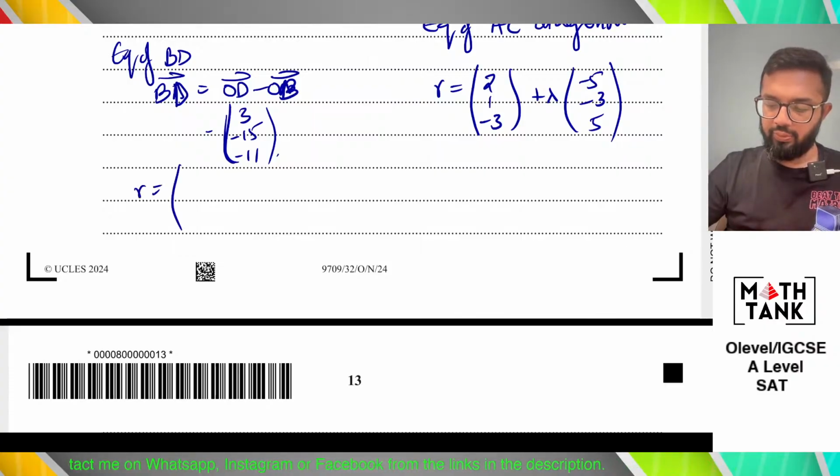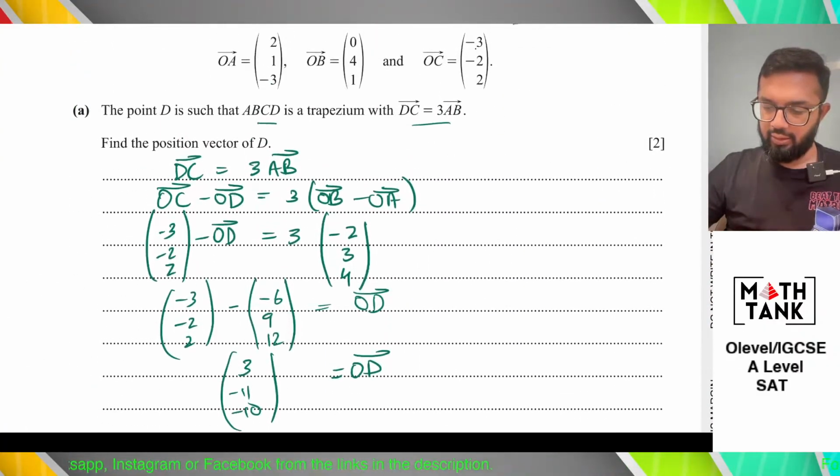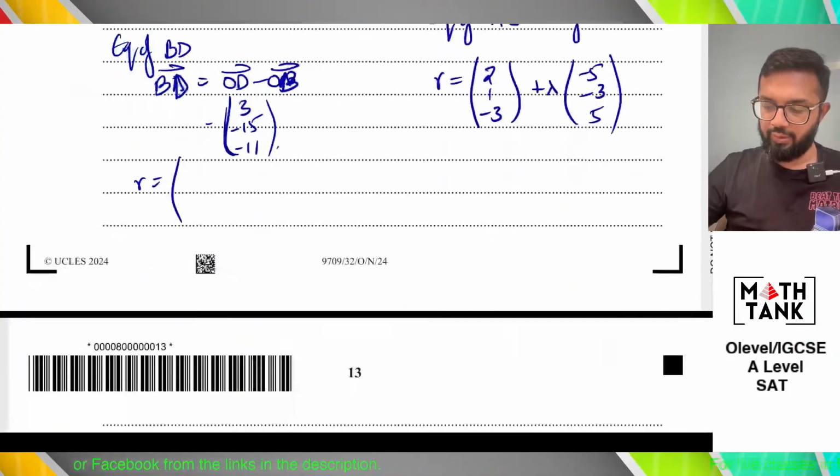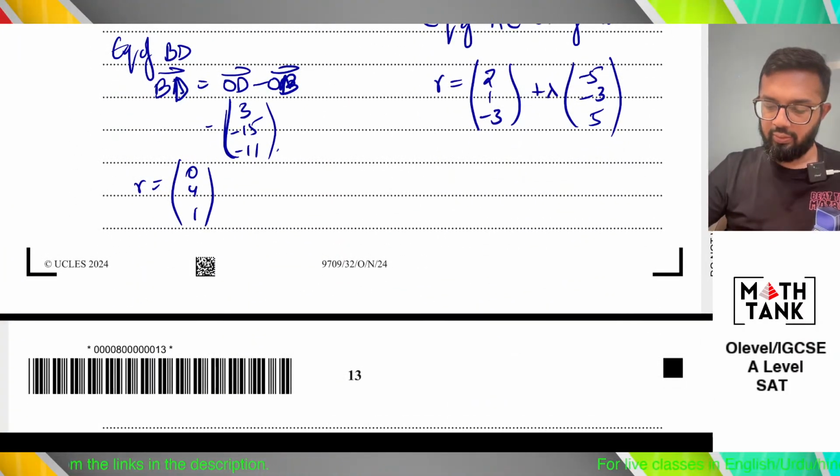So r equals 2, 0, 4, 1 plus lambda, let's call that mu, times 3, minus 15, minus 11.